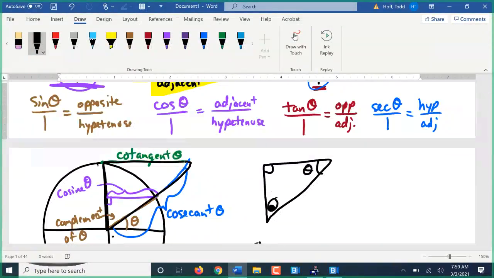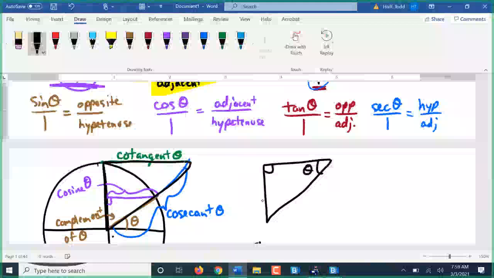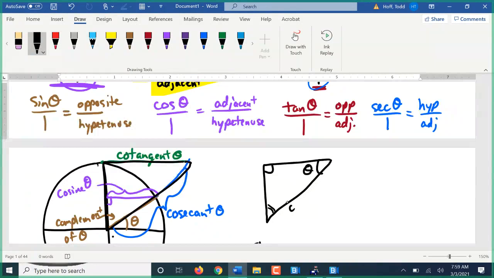The two non-right angles of a right triangle have to be complements because they add up to 180 and we have a 90-degree angle there. So this is the cosecant. Tangent. Of course, this side is the radius. That side is 1.